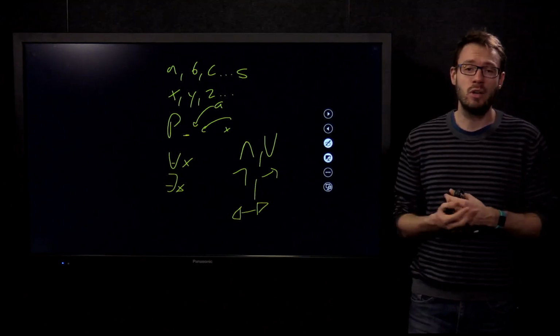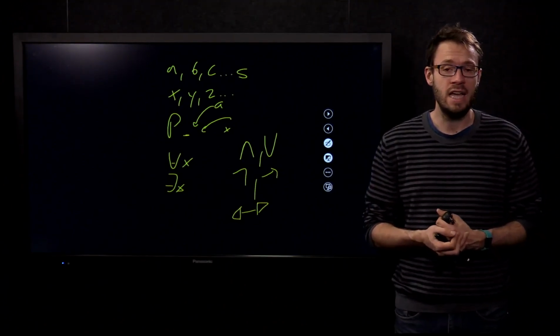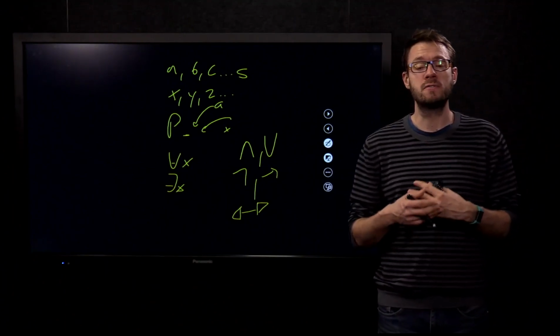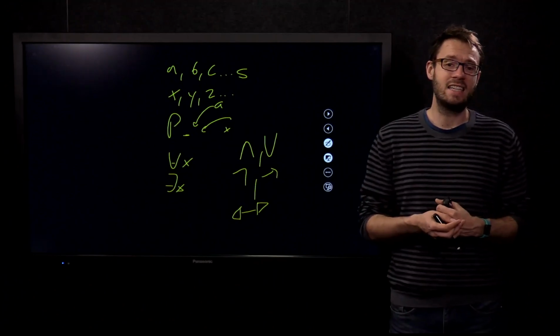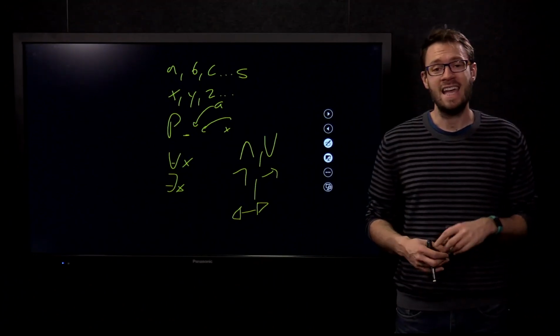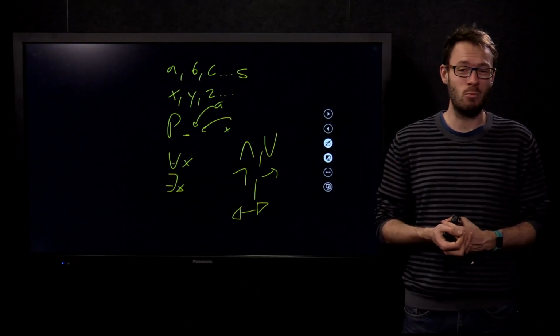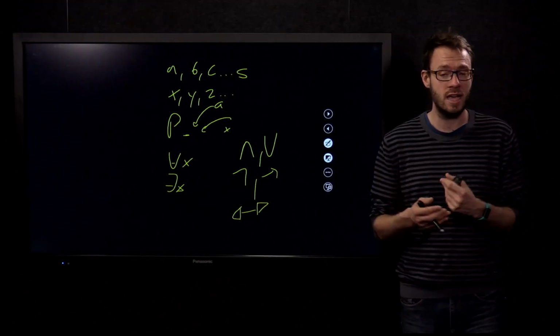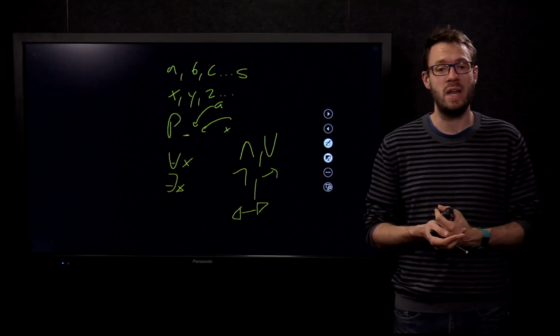In the next session, we'll move away from the syntax and start to interpret this new language that we have. Interpreting the new language involves applying a semantics to the language, which is what we did with propositional logic, except that the semantics that we use for this new logic, monadic predicate logic, is a different semantics from the one we used for propositional logic. And what's very important here is that truth tables, which we could use in the propositional logic case, can no longer be used with respect to monadic predicate logic.